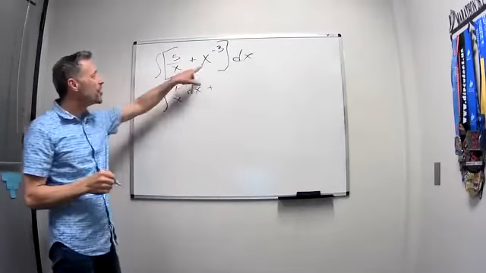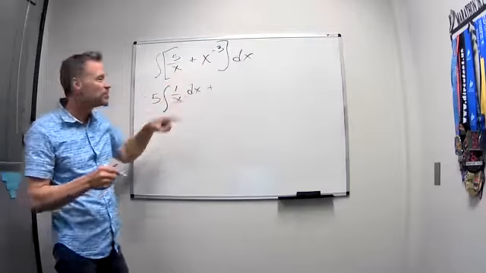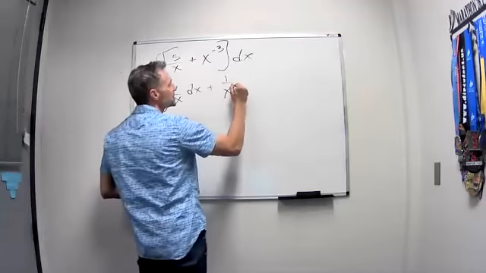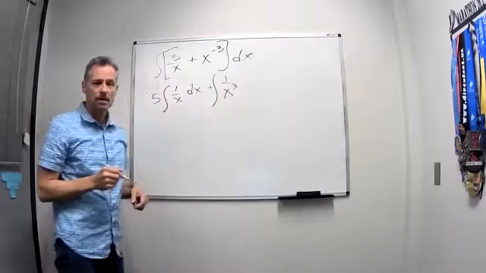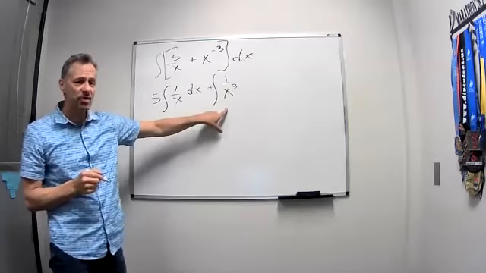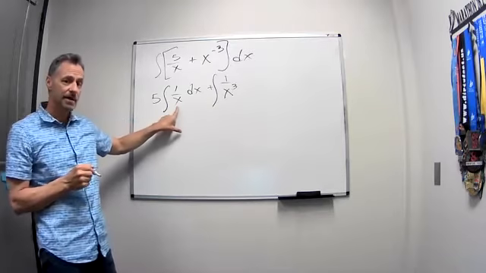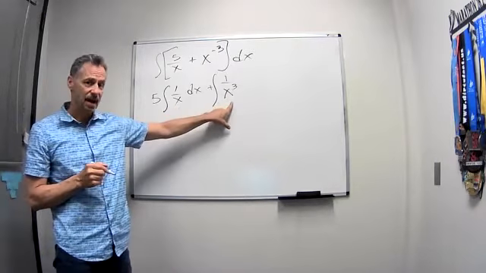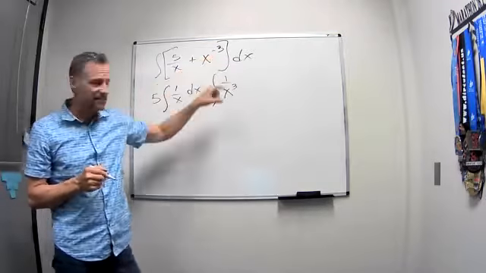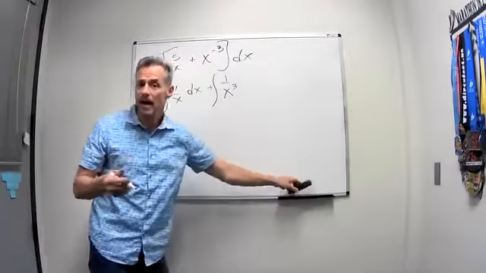Plus, now notice, if I wanted to, I could say this is 1 over x cubed. But that's not just 1 over x, so we're not going to be able to do the ln. This one we can do the ln. This one we cannot. So I'm actually going to leave it as x to the negative 3, so we can use the power rule.